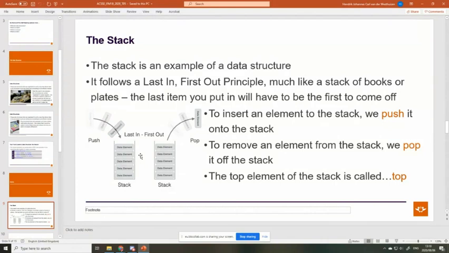So to insert an element to the stack, we would push it onto the stack. The keywords that we would normally use: we push an item, or in the example, an element onto the stack. When we remove something, we pop something off of the stack, removing the top item of the stack. The very top element of the stack is also referred to as the top. So very easy, straightforward.